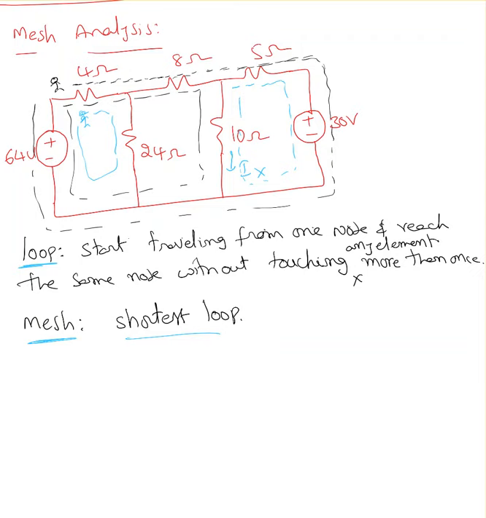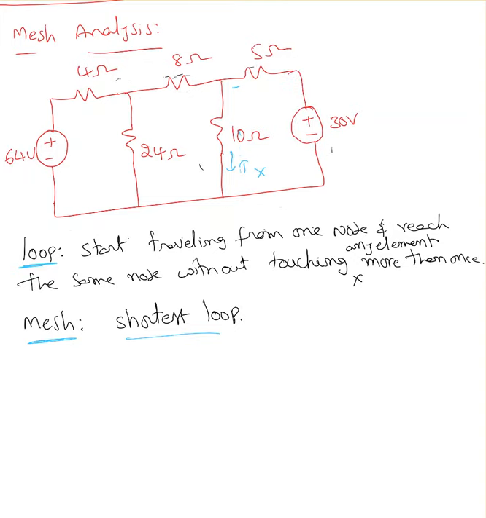I can call a mesh a loop but not a loop a mesh. So at this point, don't worry too much about it. We're going to do mesh analysis, so we're going to do the shortest loops. Basically, it's up to you. You can choose the long loops too to solve, but for convenience, I'm going to do the shortest loops.